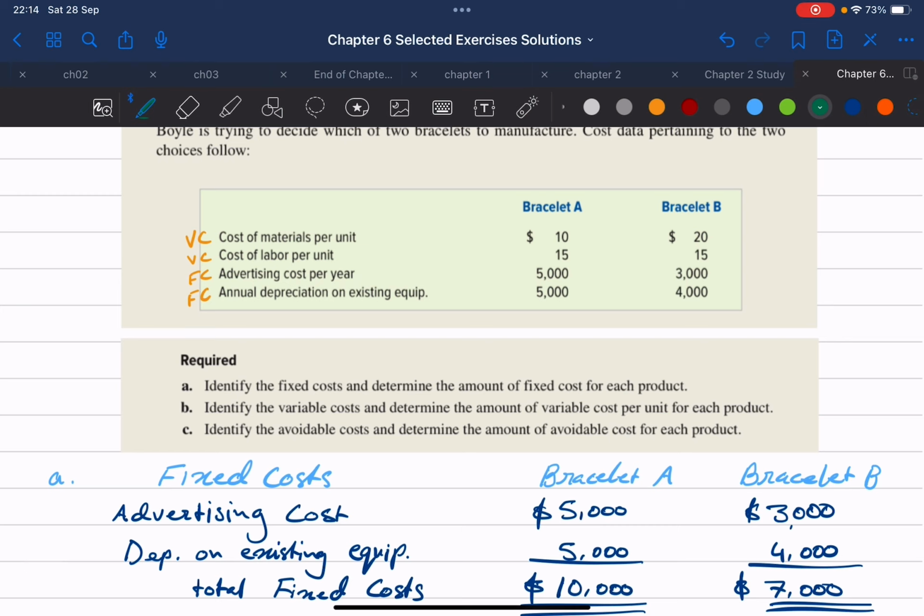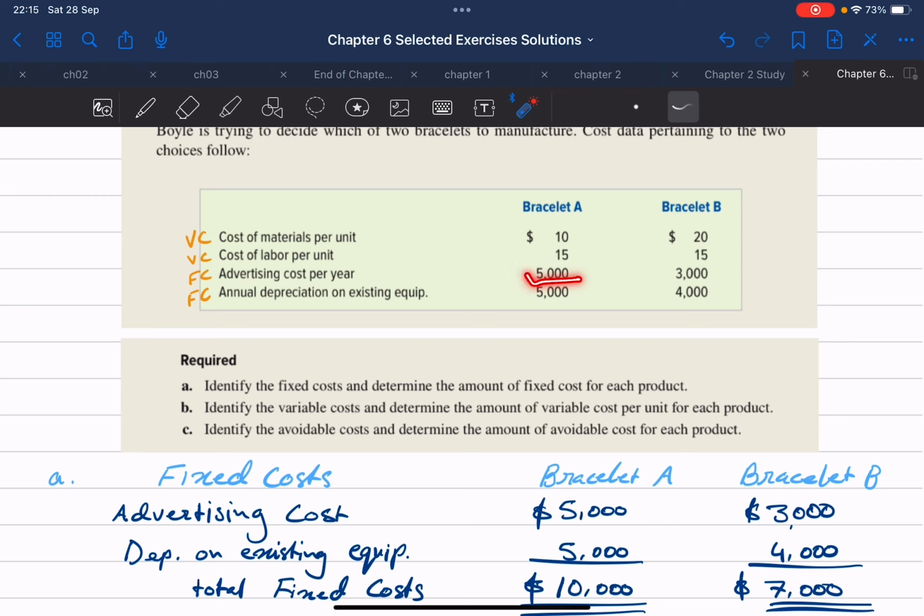Now what about the cost of labor per unit? In this scenario, because the cost of labor per unit is the same under both scenarios, it is irrelevant information. It's not going to be affected whether the company chooses bracelet B or bracelet A. And under both scenarios, they're going to incur $15 to produce each unit, right? So we're going to skip this one and go to the third item, the advertising costs.